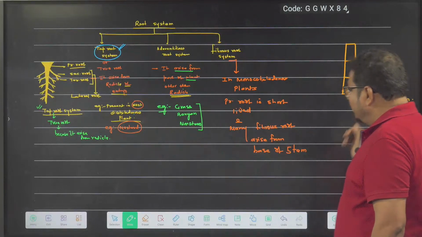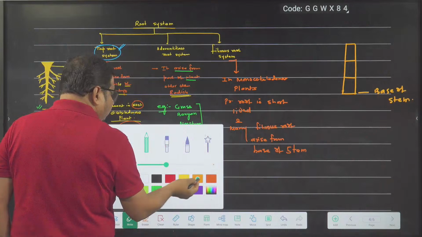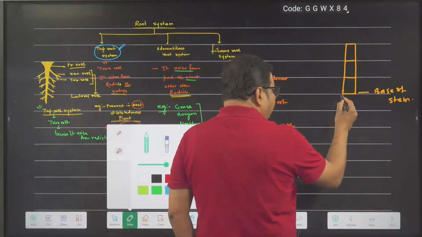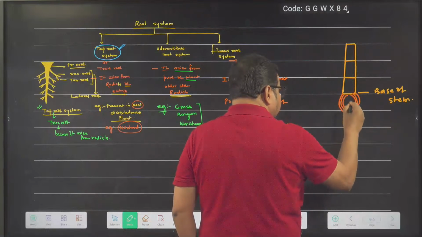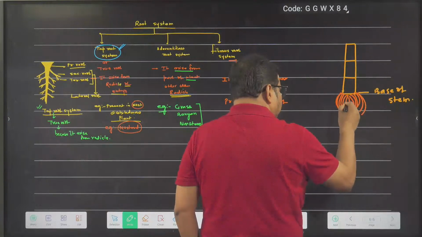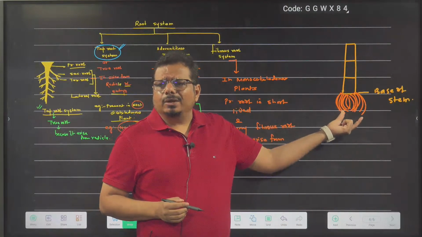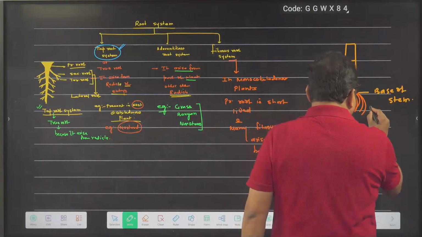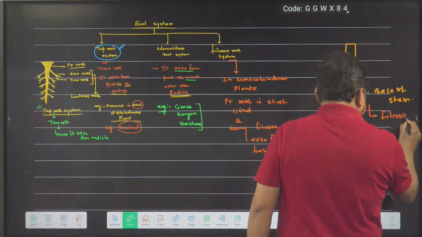They are saying that primary root was short lived, so after that it will degenerate. Later on, from the base of the stem, many roots arise like this. You will not find anyone is primary or secondary. All are of the same type. So this particular root is basically fibrous root.